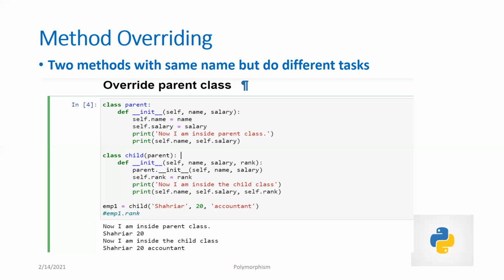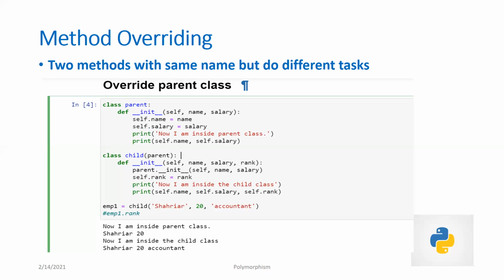They are identical, but their task is different, and so their behavior is also different. So let's see how we can create overriding. Basically, overriding exists in a parent class and its subclass. In the lecture on inheritance, we saw that the subclass, that means the child class, overrides the parent class. So I think you can now recall that.